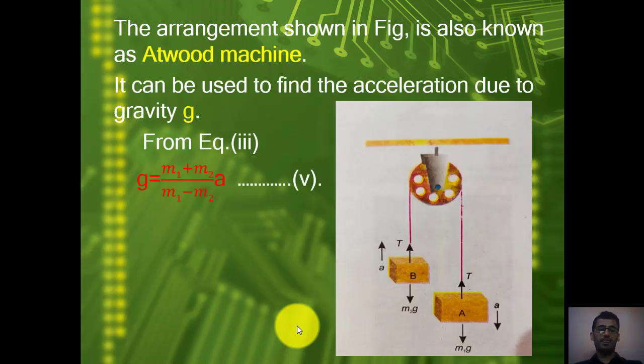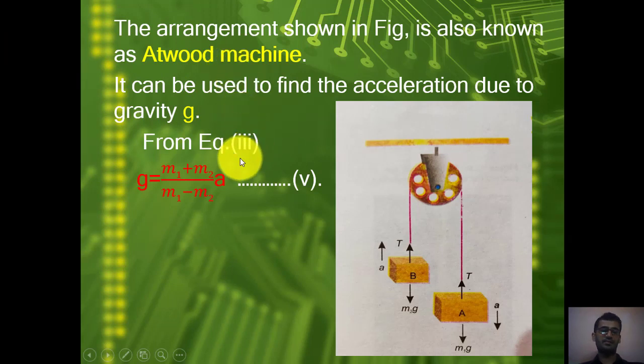Now students, this arrangement shown in the figure is also known as the Atwood machine. It can be used to find the acceleration due to gravity. Both the objects are attached to the ends of a string which passes over the frictionless pulley, and this whole arrangement is called the Atwood machine.